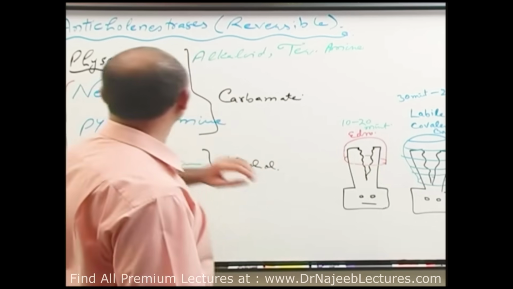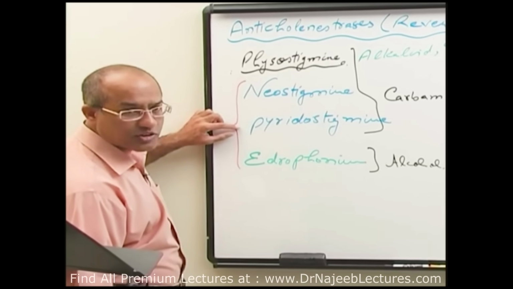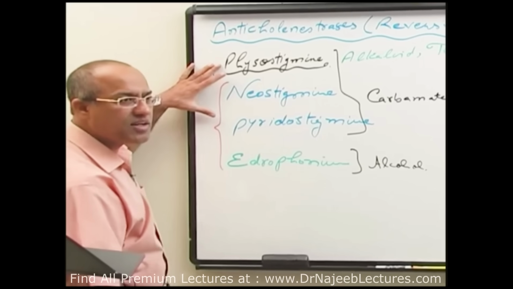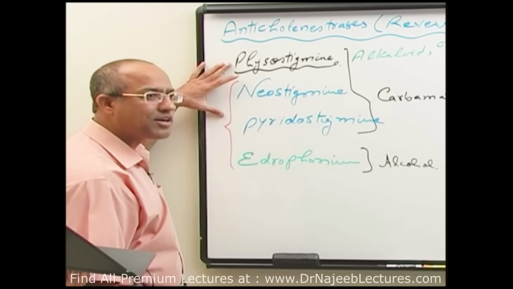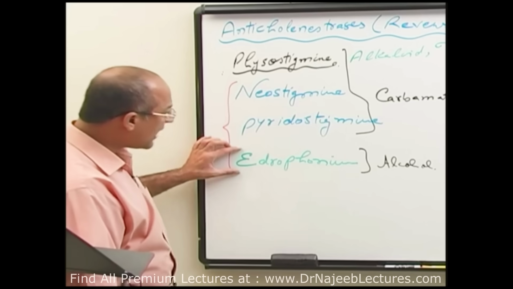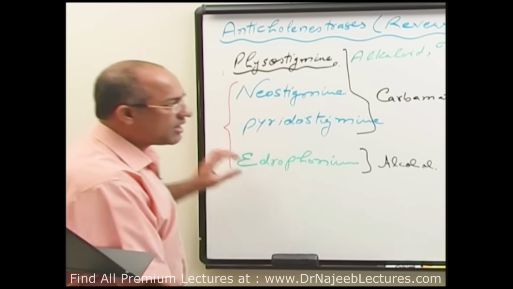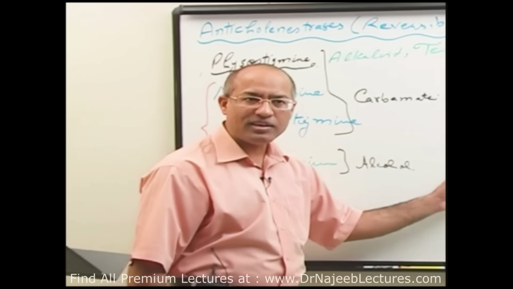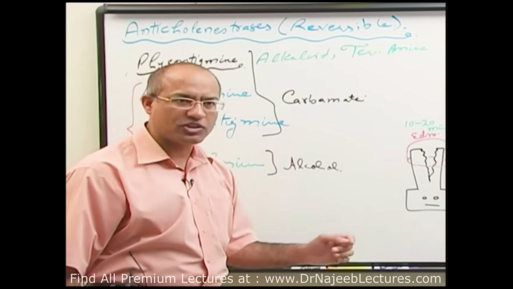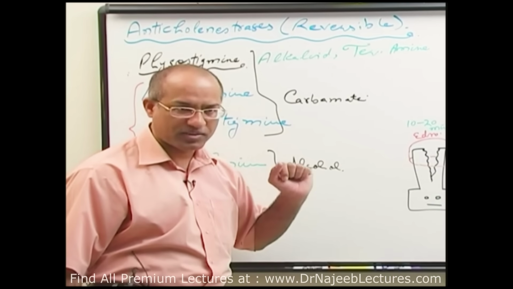Carbamates are physostigmine, neostigmine, pyridostigmine. They make the labile covalent bond with the enzyme, so from half an hour to a few hours, they keep on inhibiting the enzyme. But edrophonium does not make a covalent bond. It binds very weakly and makes a non-covalent bond, so it rapidly dissociates within a few minutes. Its action is not more than 15 to 20 minutes.